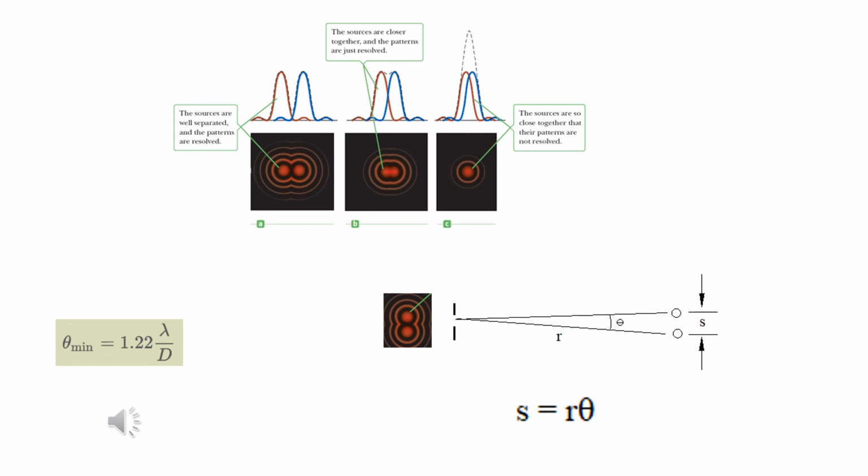But other problems might say, how far away are these two stars, or what's the minimum distance s between the two stars if they're a distance r away that they can be resolved. So the relationship there is just s equals r theta. If you know the distance and the separation between the stars, you can calculate the angle in radians, the apparent angle between the two stars, and fit that into the formula.